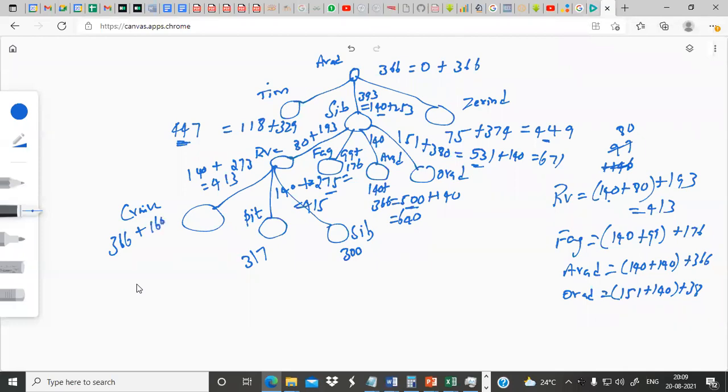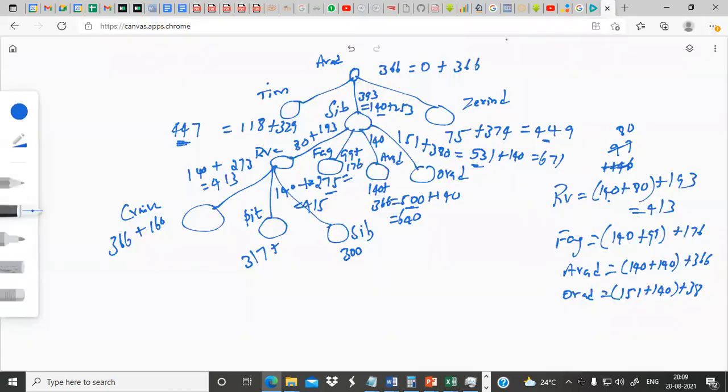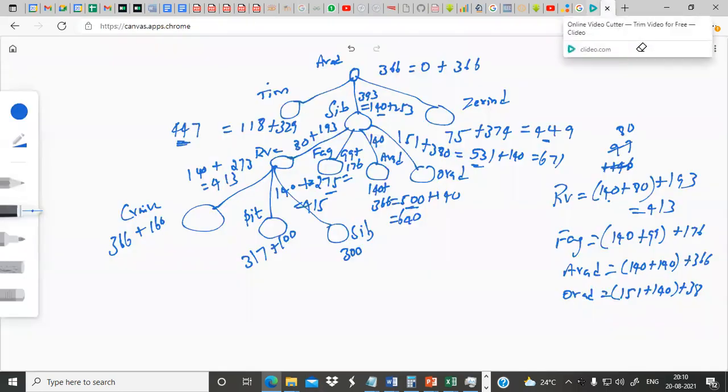Similarly, from Petoskey the heuristic cost is 100, so we add 100. And from CBU, the heuristic cost is 253, so we add 253.